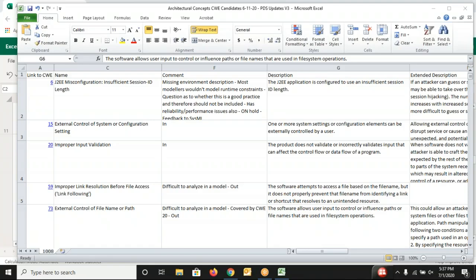Okay. Well, let's pull those down, Tracy. See if we can pull this off SharePoint and shoot it to Paul. Okay. I think I get what you're saying. Yep. He just needs to see what those CWEs are that are above CWE 743. I just want to look at them, see what they look like.